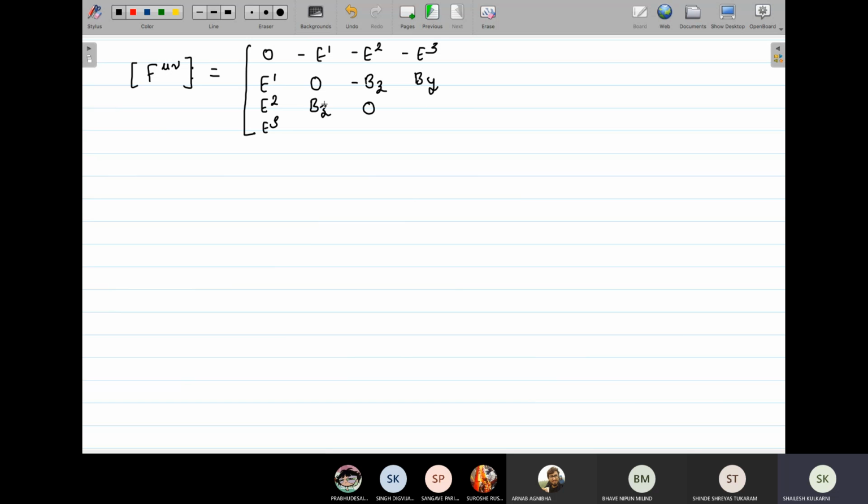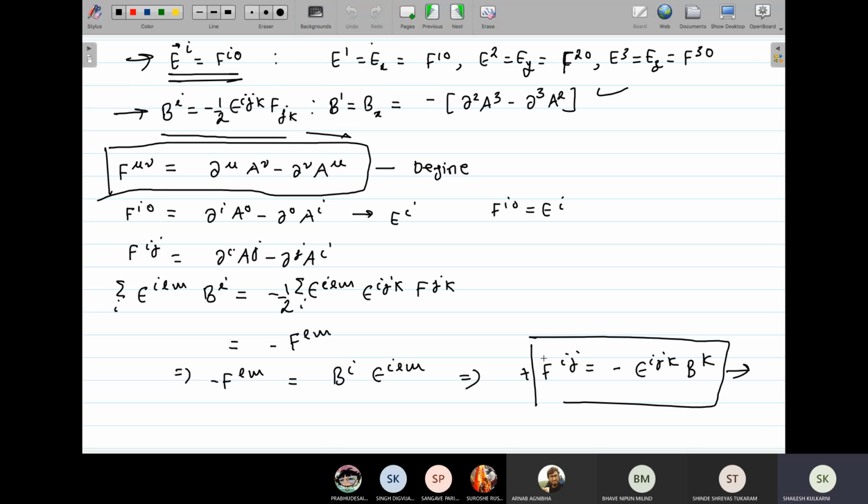Then what will be F23? Epsilon 2, 3, k is 1, but that is a cyclic combination. So 2, 3, 1 is the same as 1, 2, 3, so I will get minus Bx.